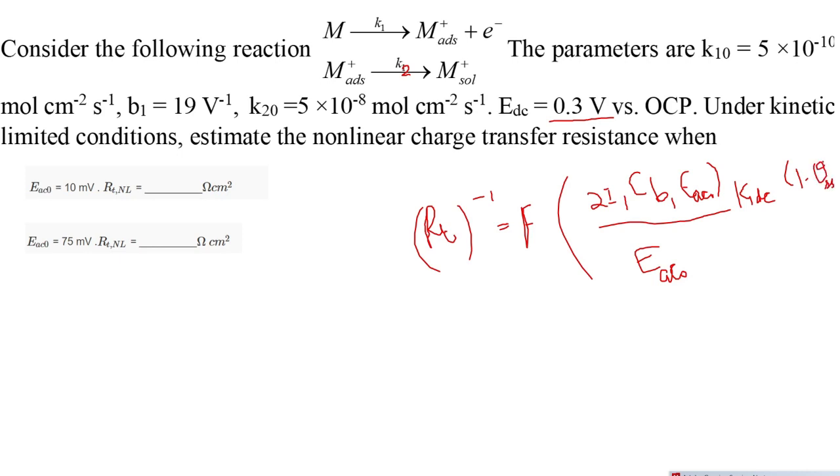So first you have to find out two values: K1 DC and theta SS. Please do it and let me know.